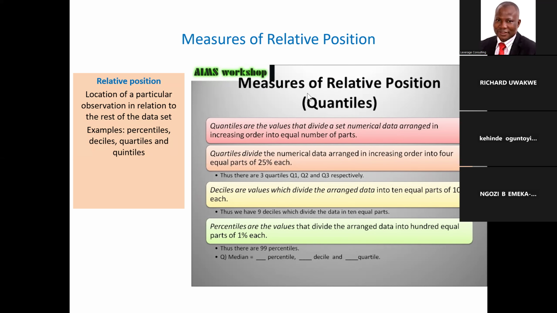You arrange the scores from the highest to the smallest, and the highest is number 1. It's the same thing. If you have values, you arrange them in ascending order, and you want to know which position somebody is in.